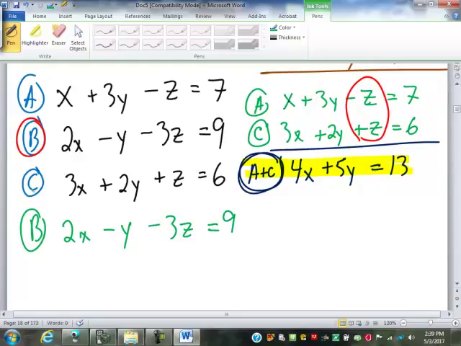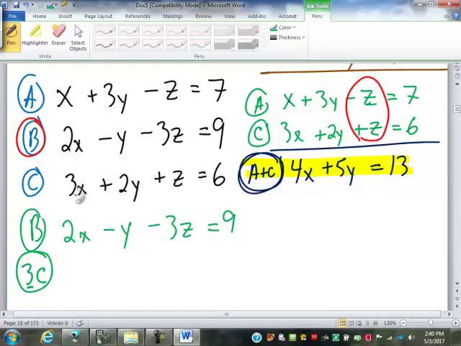But if I just add equation C to it, is the z variable going to disappear? No. So what do I have to do to equation C? I'm going to multiply the whole equation by 3.